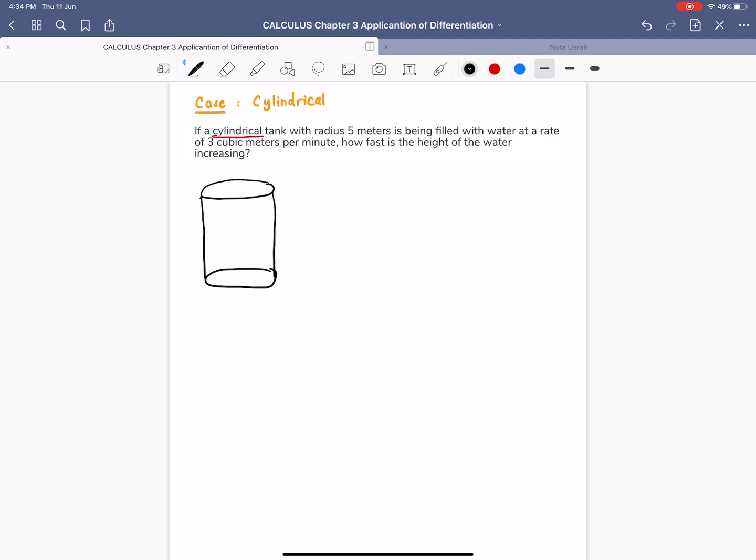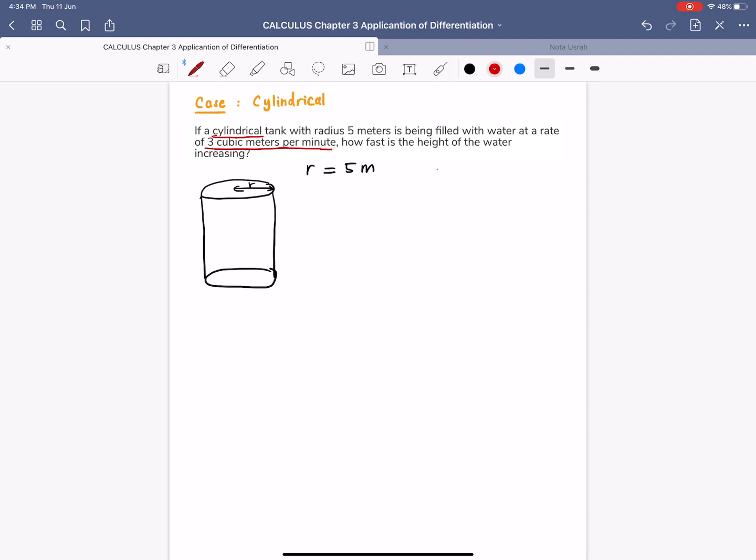It has a radius 5 meters. So this is R, let's say R is the radius. R equals 5 meter. It is being filled with water at a rate of 3 cubic meters per minute, not per second.